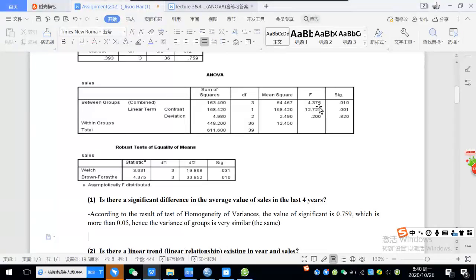The result of one-way ANOVA shows that the F value is, look here, combined, yes, the F value is 4.375 and the corresponding significance is 0.01, which is less than 0.05. Hence, the average value is different.